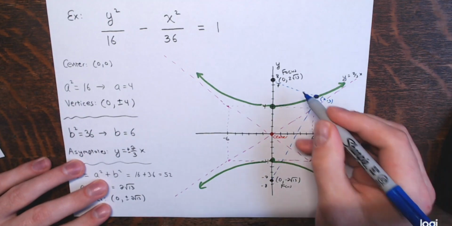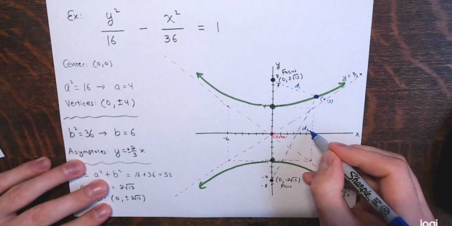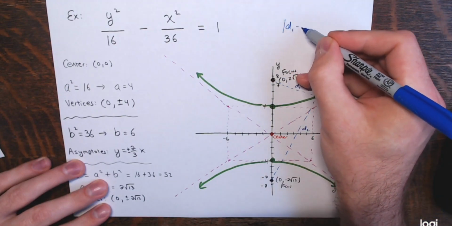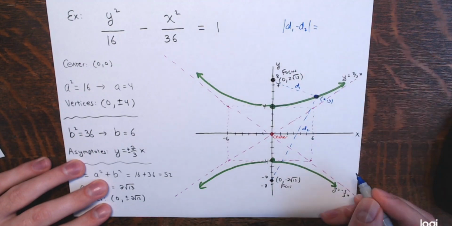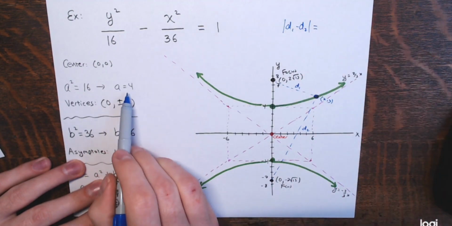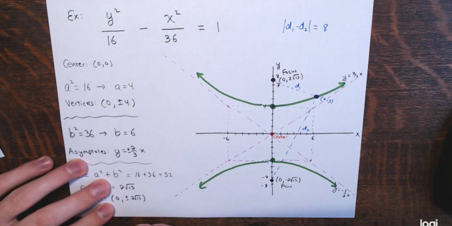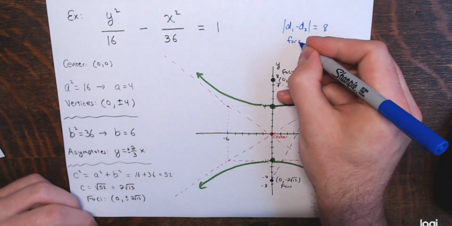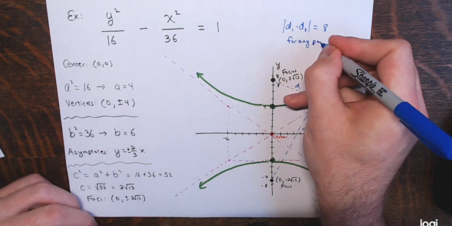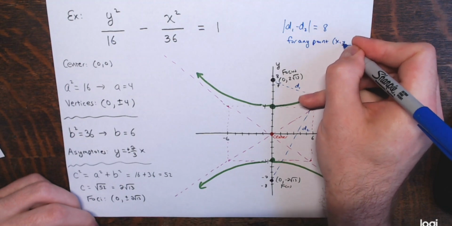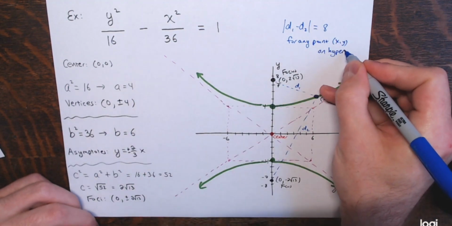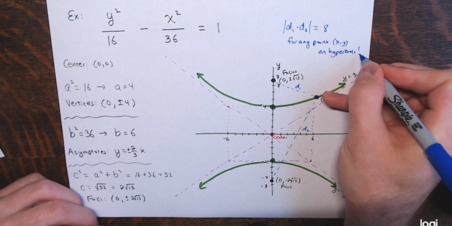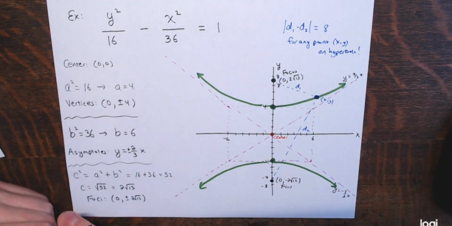So again, d1 minus d2, their difference, and I'll make it positive by putting absolute values around it, but the difference between those should be 8. This is for any point x, y on the hyperbola. It's always going to be whatever 2a is. Now you're not going to have to really say all that, but I just wanted to point that out, why we're finding the foci.